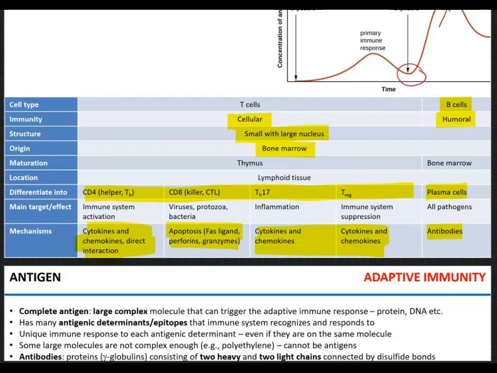B cells mature in the bone marrow, their birthplace, while T cells move to thymus and mature in thymus. Once B and T cells underwent maturation, they migrate into the lymphoid tissue, more specifically lymph nodes, where they are waiting for their exposure to a pathogen.